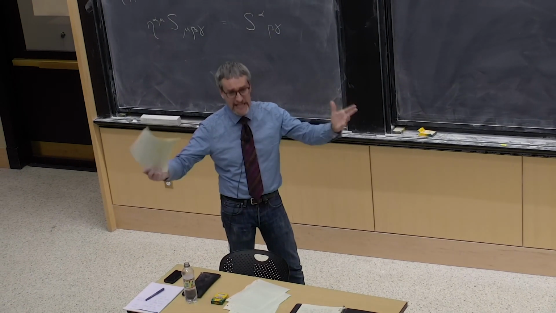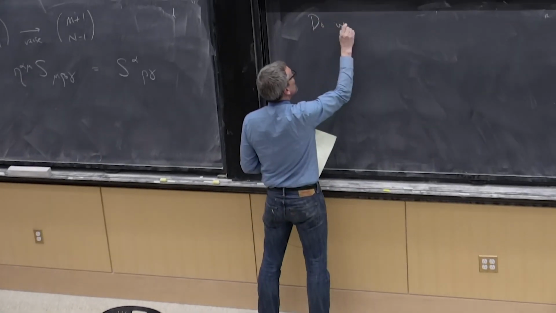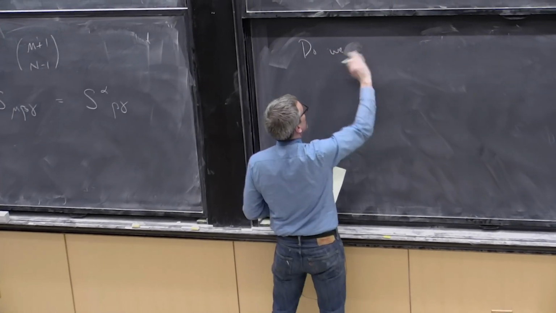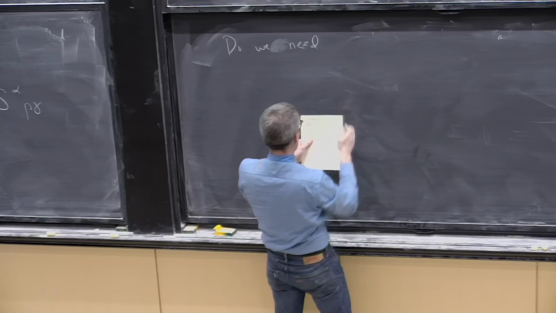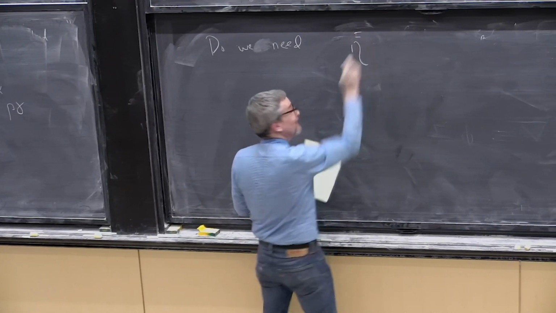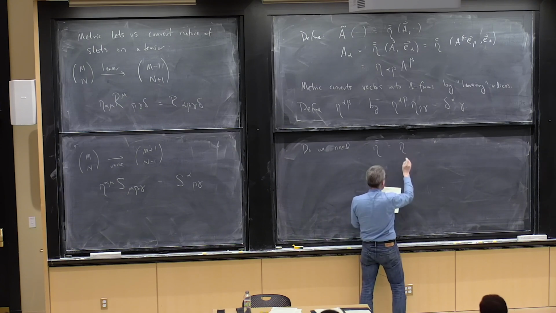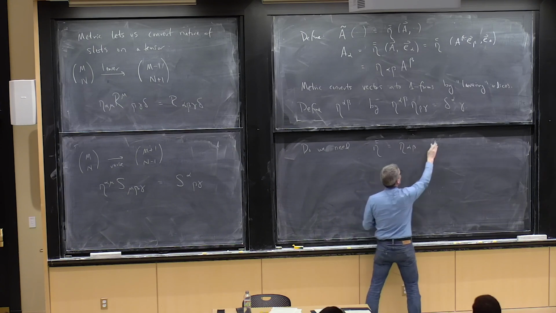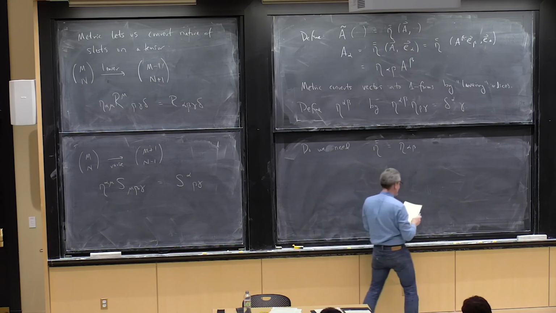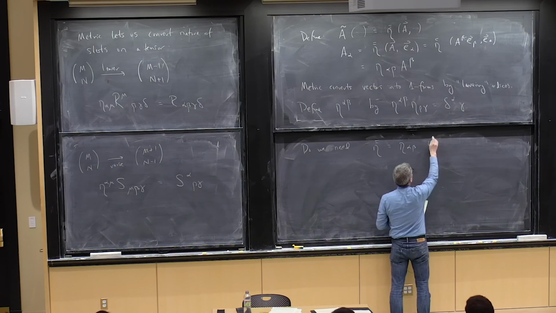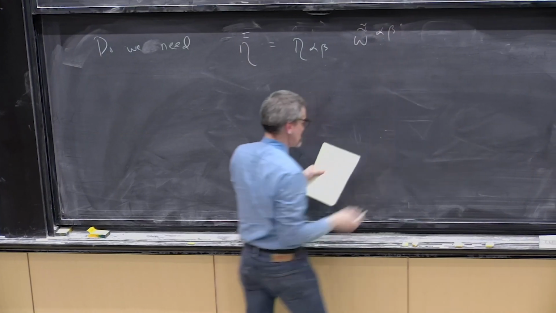Do I need a basis object for every one of those? So in other words, do I need to be able to say something like the abstract metric tensor is these components times some kind of a 2-index basis object?